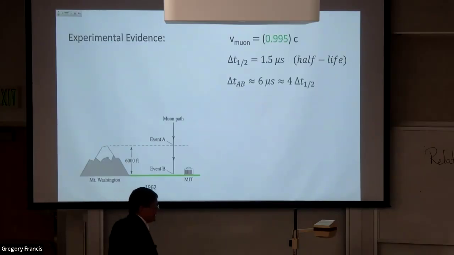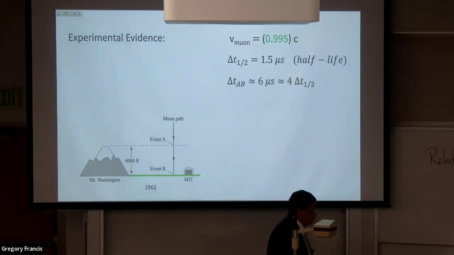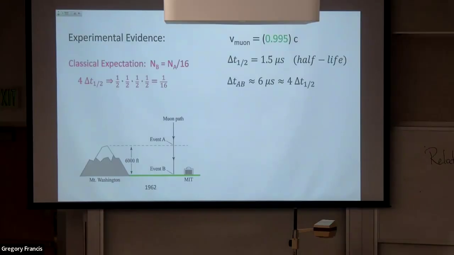Well, the time that it takes that muon at this speed to get from A to B is 6 microseconds, which is 4 half-lives. And that means I should only have 1/16 of the particles that I started with.